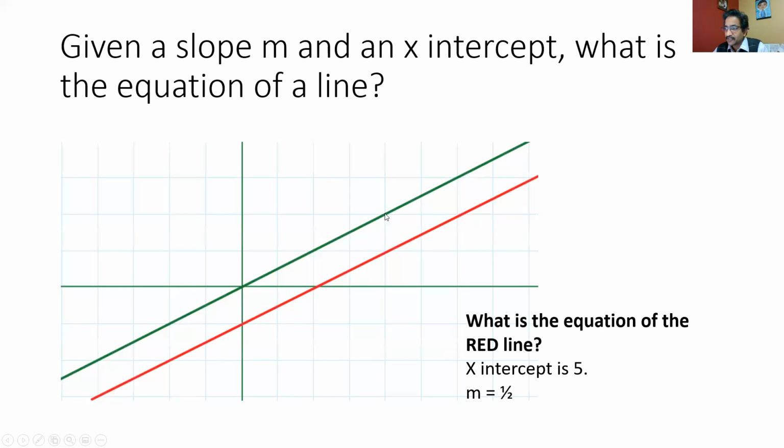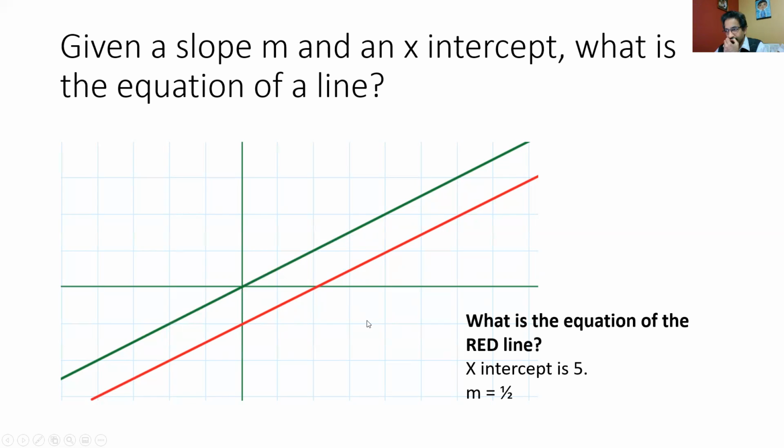Try to leverage your knowledge about this green line that's going through the origin, where m is equal to 1 by 2. You can clearly see that the slope of the line is 1 by 2. So given the x, how do you land on this green line to begin with?